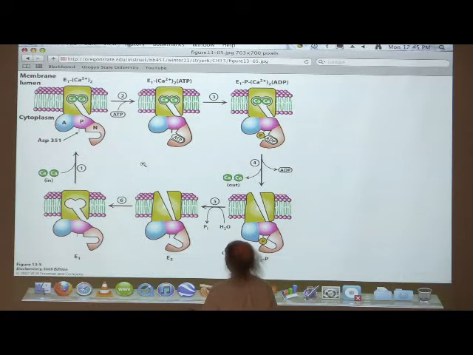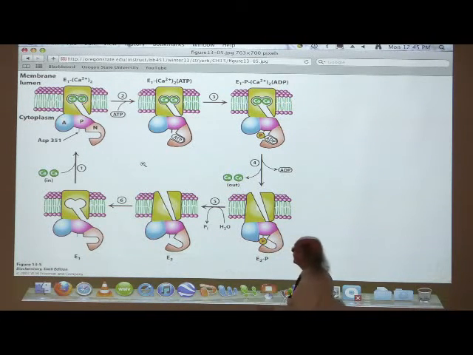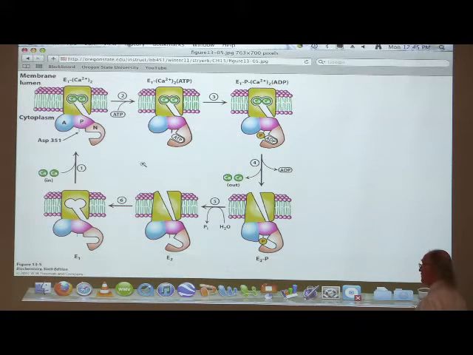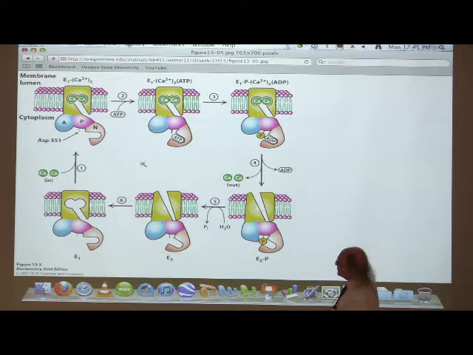Okay. Well, here's the protein embedded in the membrane of the sarcoplasmic reticulum. We're out here in the cytoplasm where muscular contraction has happened. We have a high concentration of calcium. We're getting ready to move that calcium back in the sarcoplasmic reticulum. Calcium diffuses into this chamber in the protein, as you see here. Two calcium ions come in.